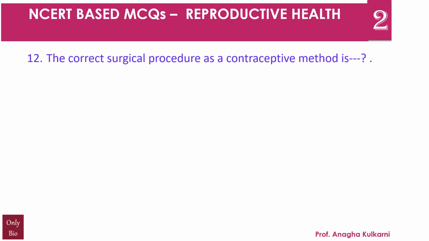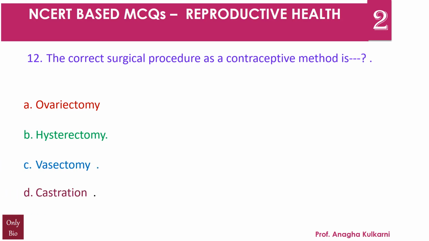Question number 12. The correct surgical procedure as a contraceptive method is dash. A. Ovariectomy. B. Hysterectomy. C. Vasectomy. D. Castration. And the correct answer for this question is C. Vasectomy. Friends, oophorectomy is the surgical removal of ovaries.